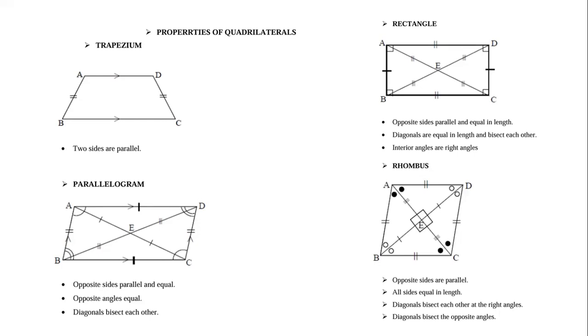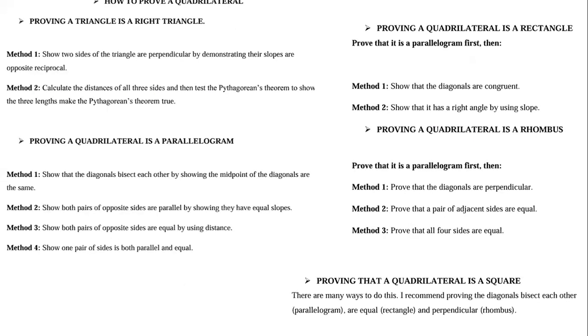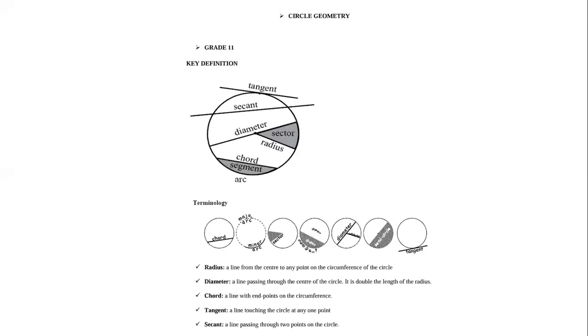So quad means four, lateral means side, meaning we are talking about four-sided shapes such as trapezium, rectangle, rhombus, parallelogram. These are the properties that we already discussed. Square and the kite, we also spoke about this. Again, how to prove that this figure is a quadrilateral. These are the methods. We also went through this, okay?